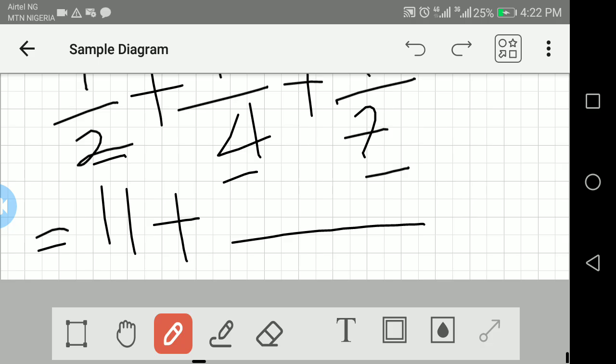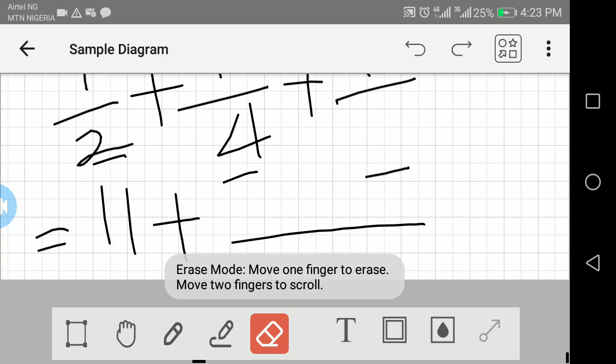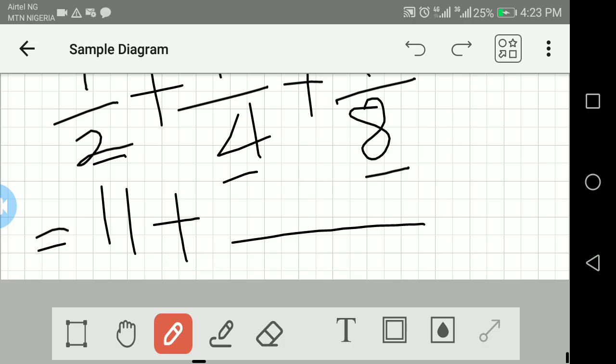That is in the case that the larger denominator is not divisible by the other denominators. For this case, 8, which is the larger denominator here, is divisible by 4, is divisible by 2. So 8 becomes the LCM.